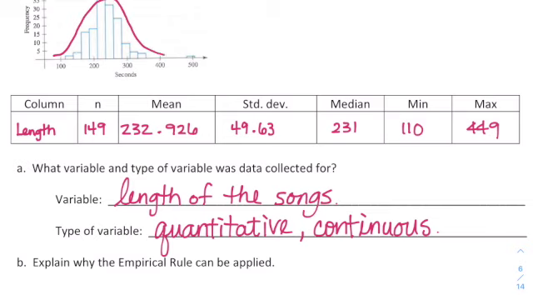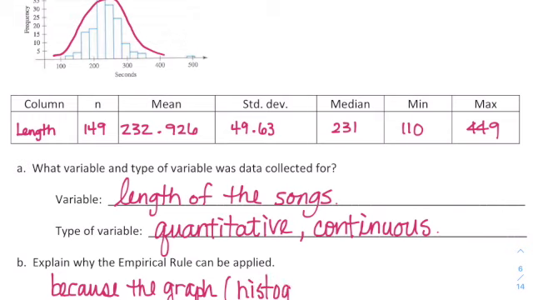So that's why we can apply the empirical rule, because the graph or histogram looks like a bell shape.